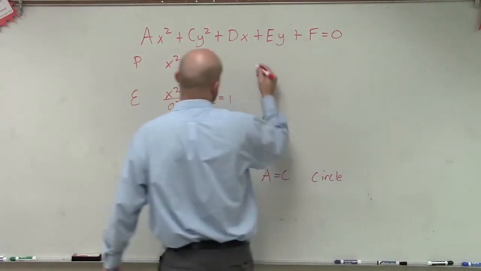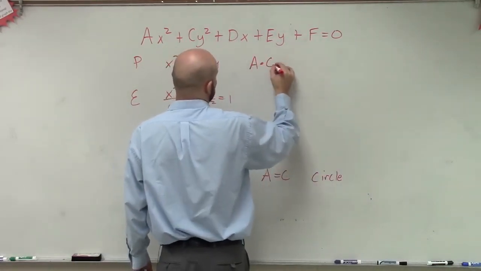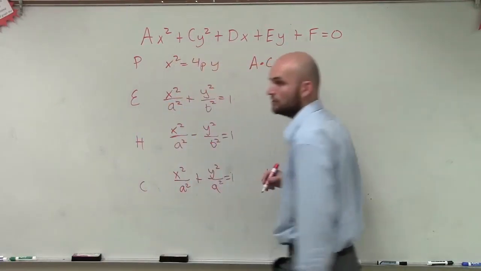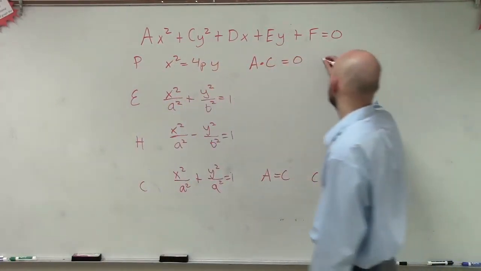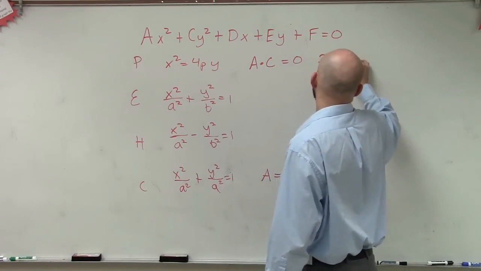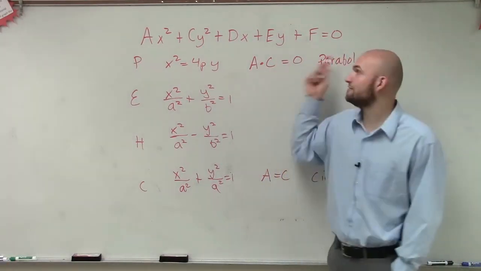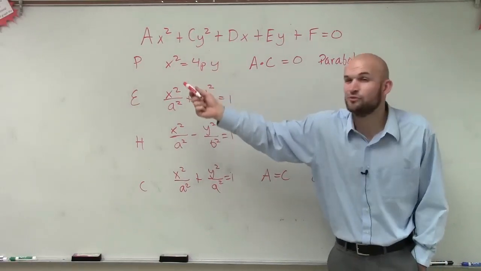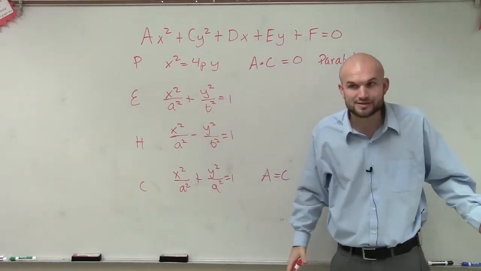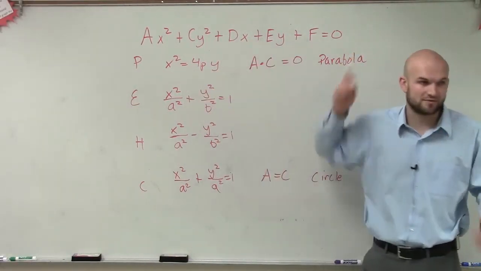So if you were to multiply a times c and you got 0, then you know you have a parabola. So if you're given a formula in this form and you only have one x squared or one y squared, ladies and gentlemen, then you know you're going to have a parabola.